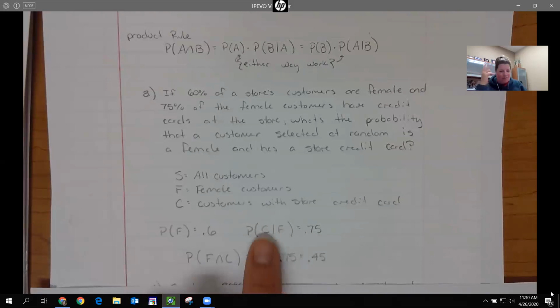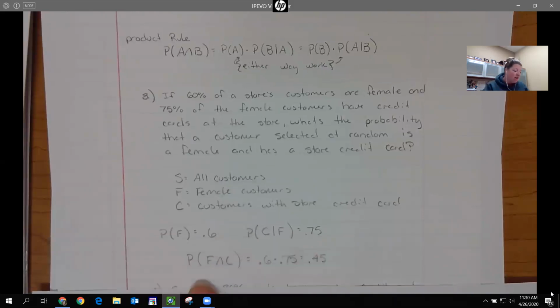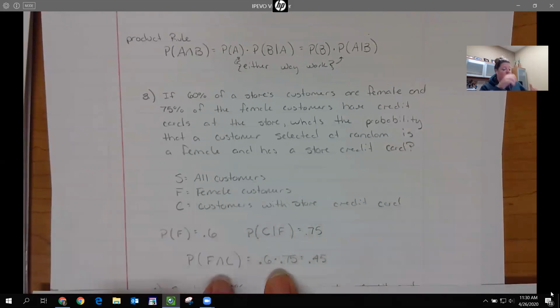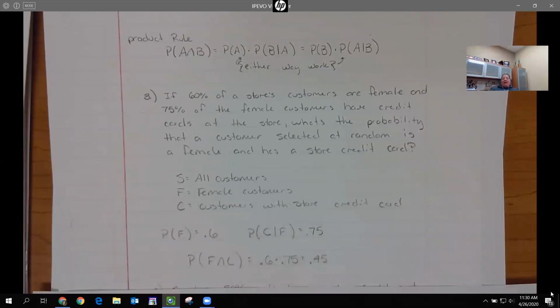I was thinking customers, but it's actually credit cards. So having a store credit card given you're female is 75%. So what is the intersection? We can do that as the 0.6, the probability of female, times this one. So we multiply those together, and that's going to give us the probability we're looking for. A lot of times in probability, we can multiply our answers and get our solutions.